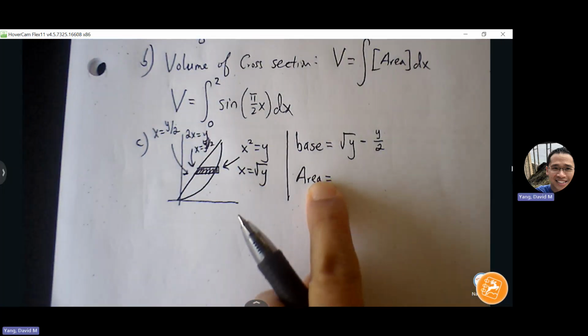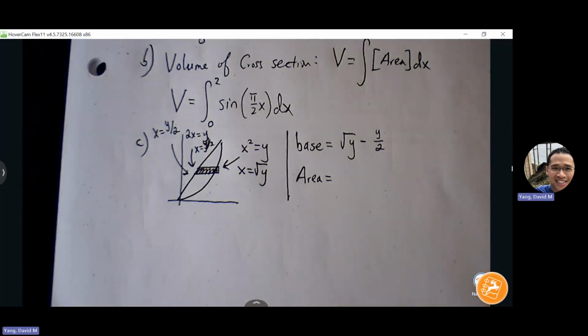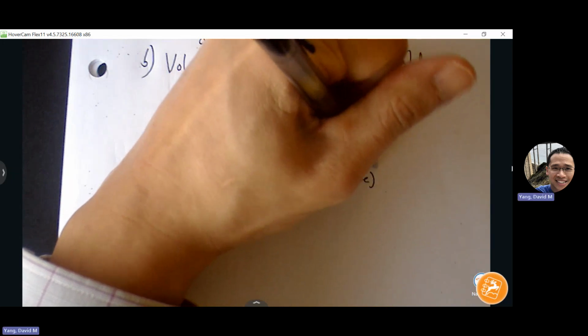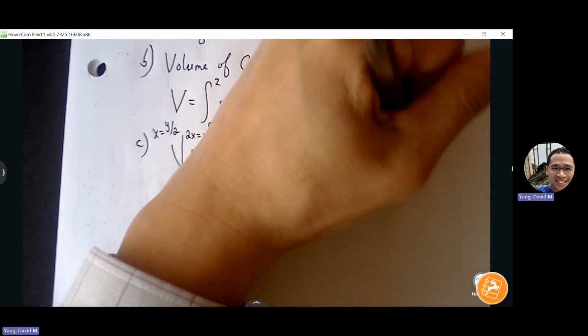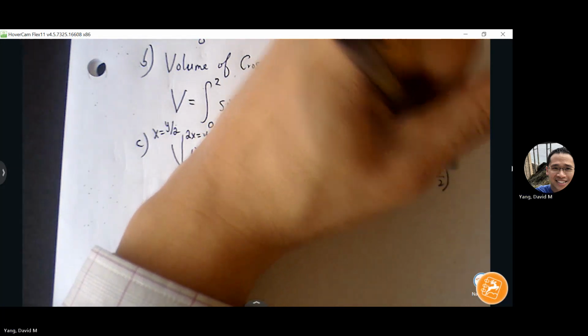What's the formula for a square? Area is what? Or just base times base, right? Base squared. The height is going to be the same as the base because the square has the same dimension, length and width. So base squared. Therefore, root y minus y over 2, squared.